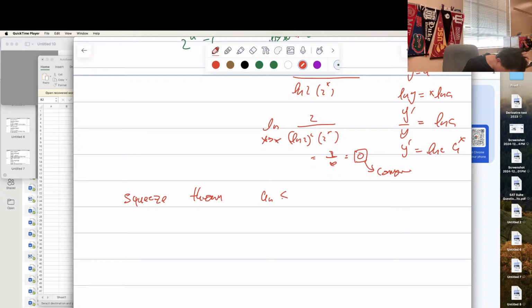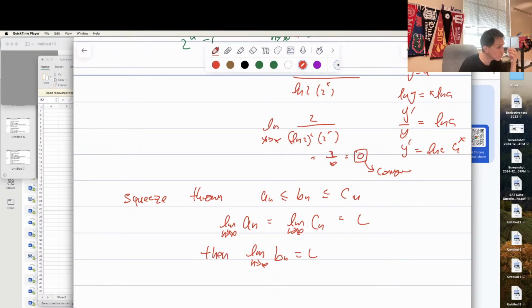If a_n is less than b_n, which is less than c_n, with c_n the biggest, and the limit as n approaches infinity of a_n equals the limit as n approaches infinity of c_n, which equals L, then the limit as n approaches infinity of b_n has to equal L as well. It's usually very useful for sine and cosine, but this is a little bit different.